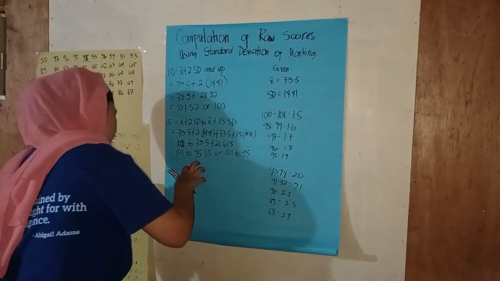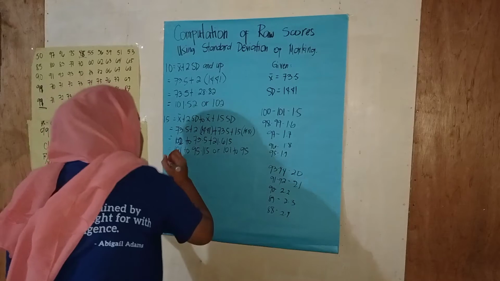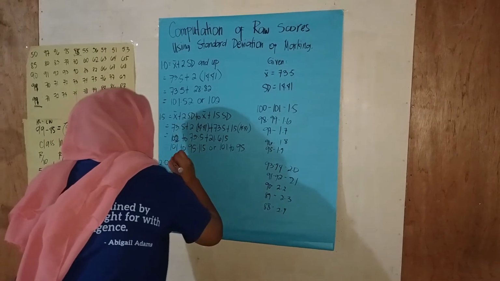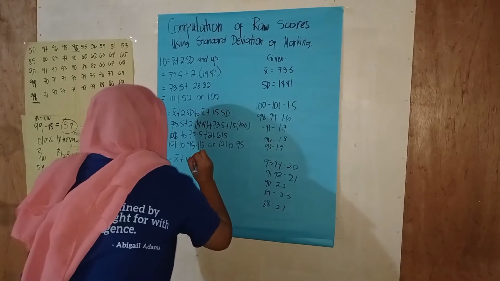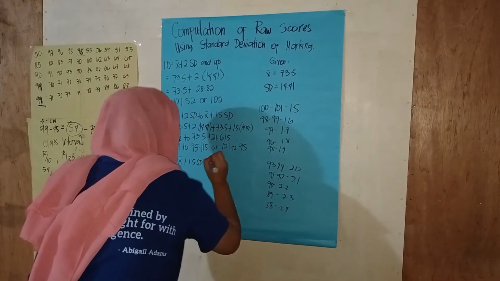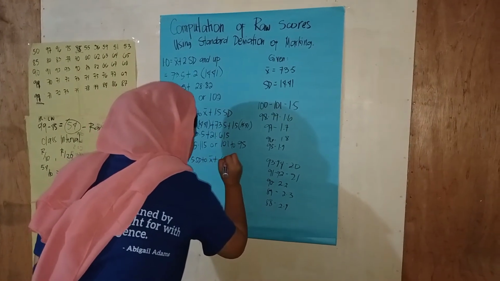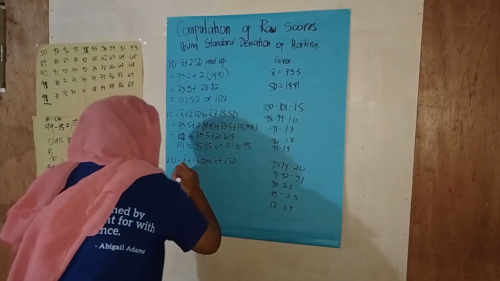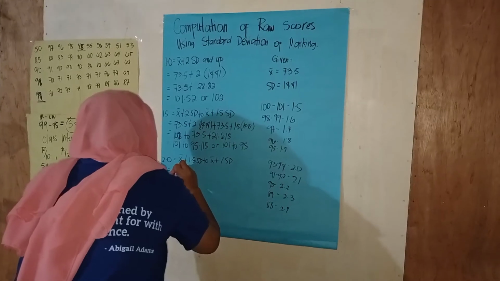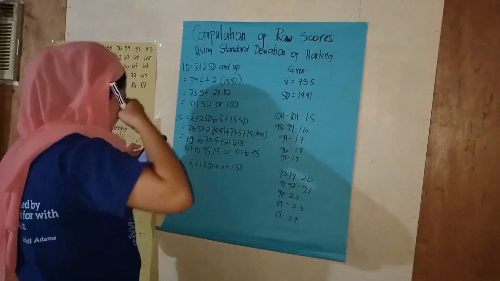So our formula for 2.0 equals mean plus 1.5 standard deviations to mean plus 1 standard deviation. So our mean is 73.5.